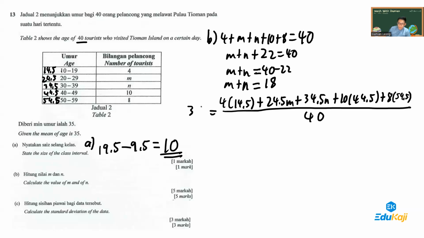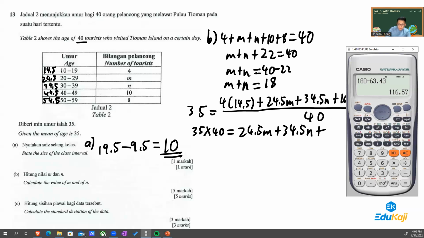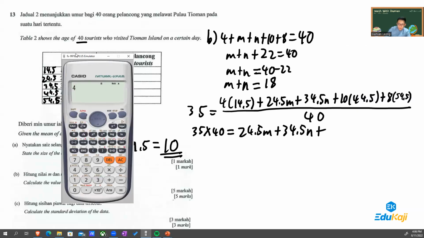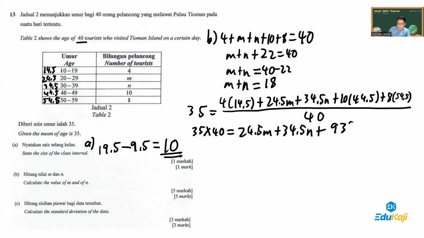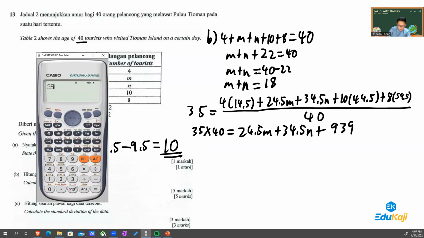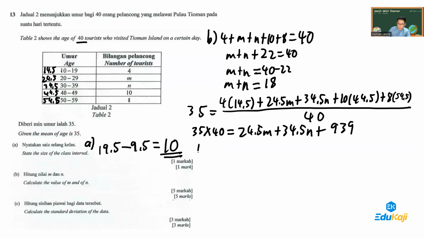Let me write this up. Mean equals this. Bring up the 40, divide 40 opposite times 40. Then we simplify all this. 24.5 M plus 34.5 N plus 4 times 14.5 plus 10 times 44.5 plus 8 times 54.5, which is 939. 35 times 40 is 1,400.